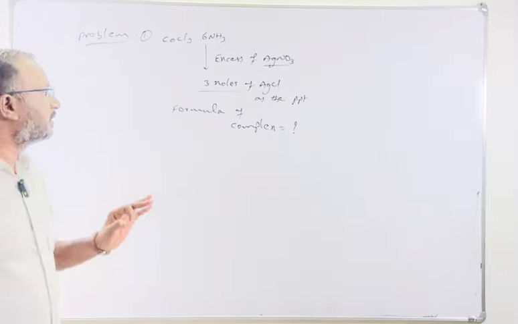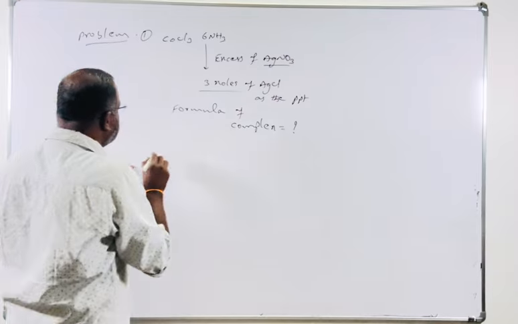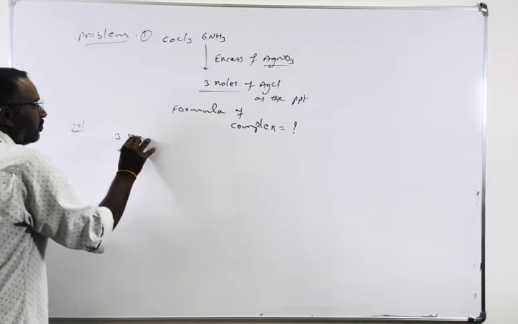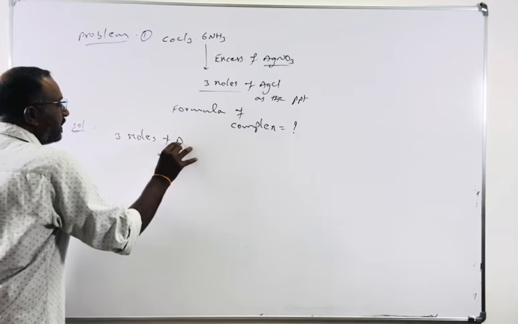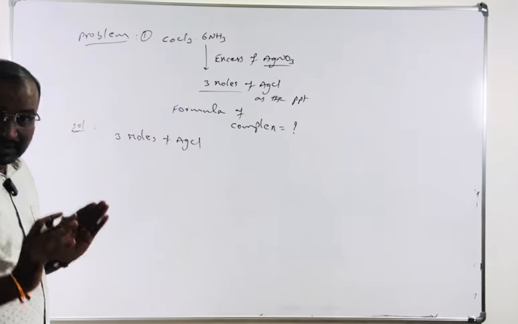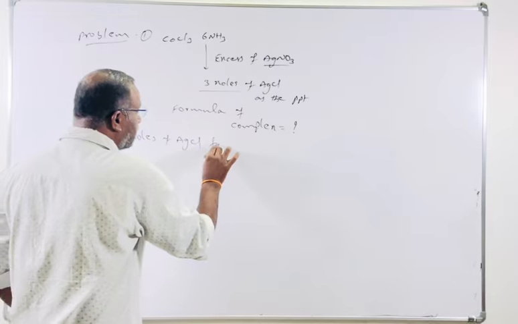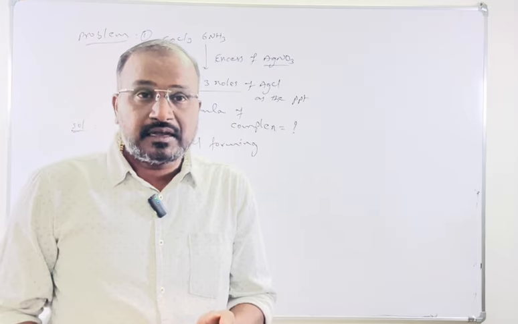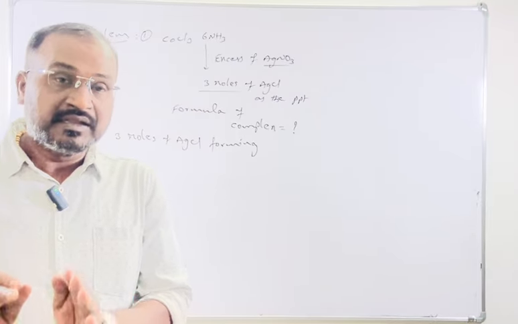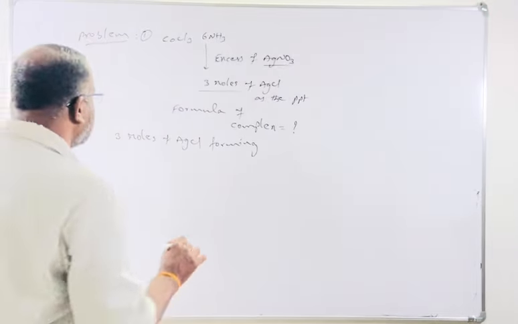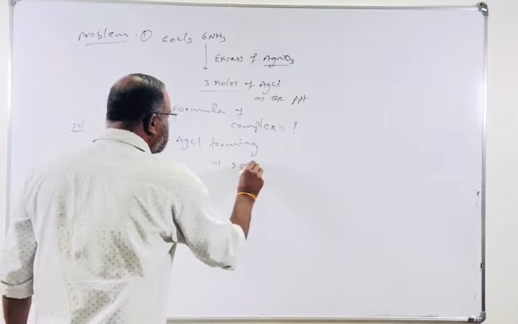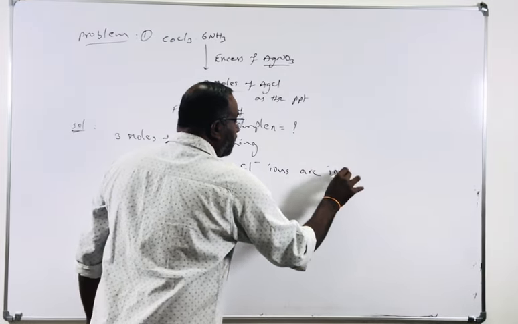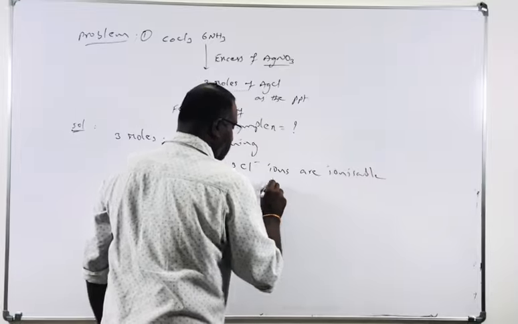Very simple. 3 moles of AgCl forming means 3 chloride ions are ionizable. 3 Cl⁻ ions are ionizable in the complex.